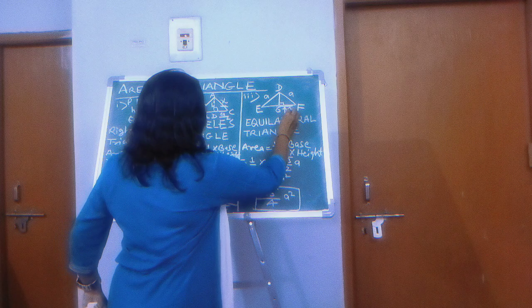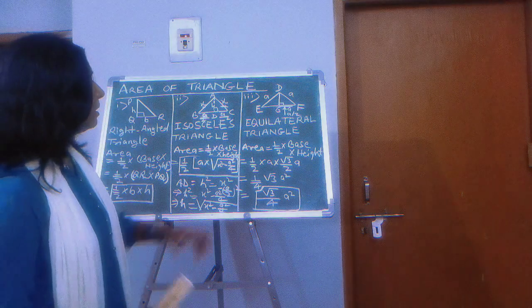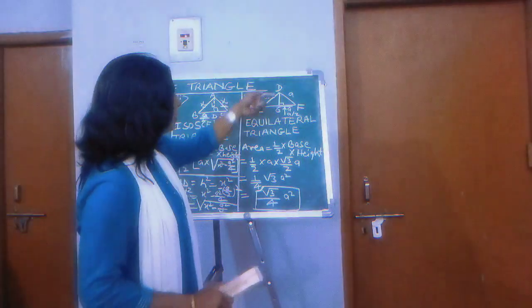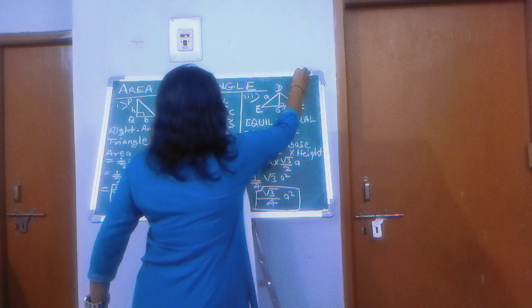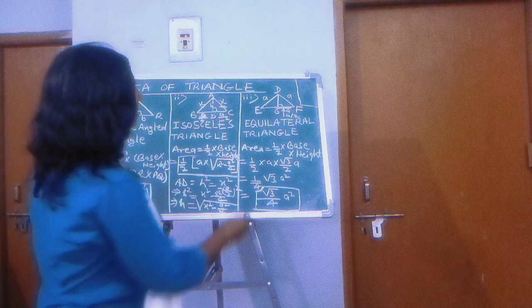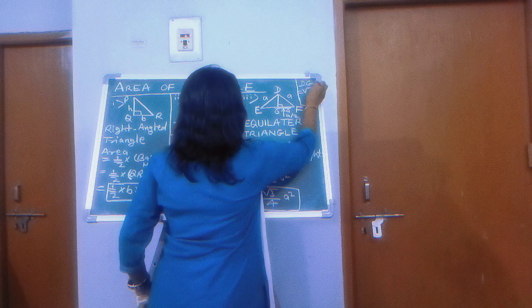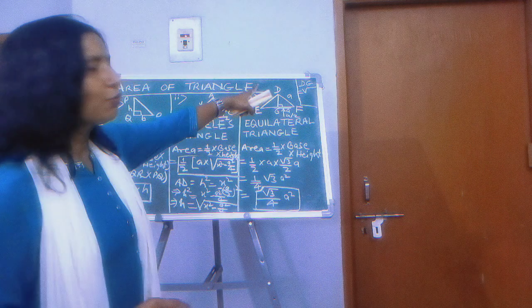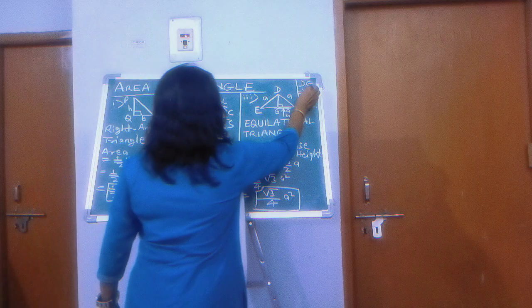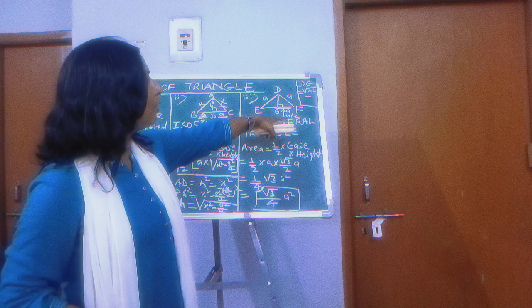So what will be DG? DG is equal to under the square root A square, meaning hypotenuse square, minus base square. Base means A by 2, whose whole square is A square by 4.